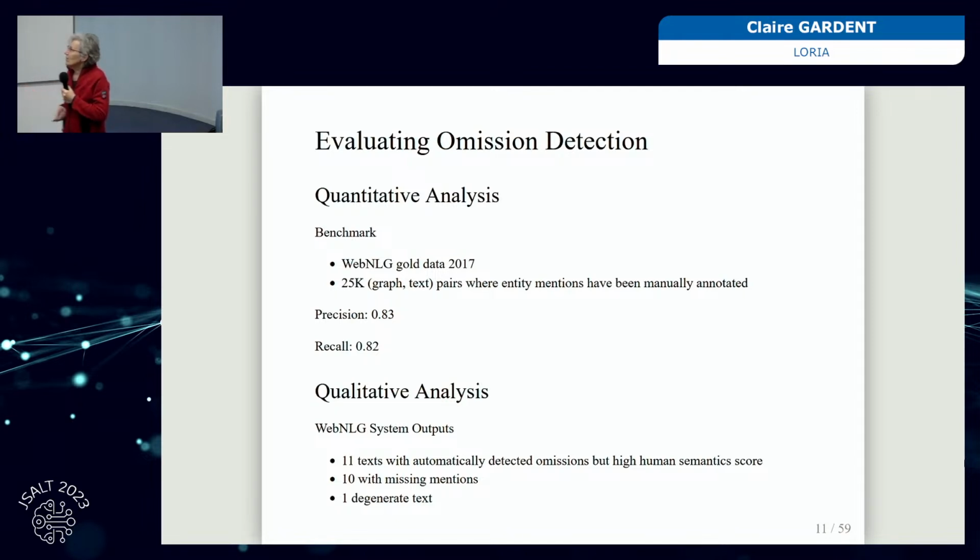We also have a qualitative analysis where we compare texts for which we detect omissions, but which have high human semantic scores. I'll get back to this later, but there is a human evaluation of the generated text. Looking at those cases, we found that the algorithm was correct in the sense that there were indeed missing mentions, and in 10 cases, we had missing mentions where even the human score was high. And in the other case, it was a degenerate text.